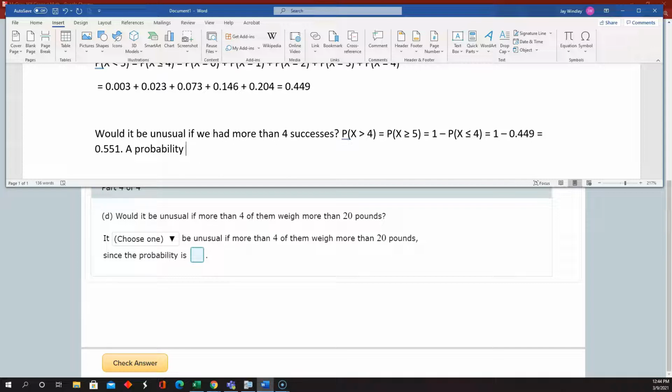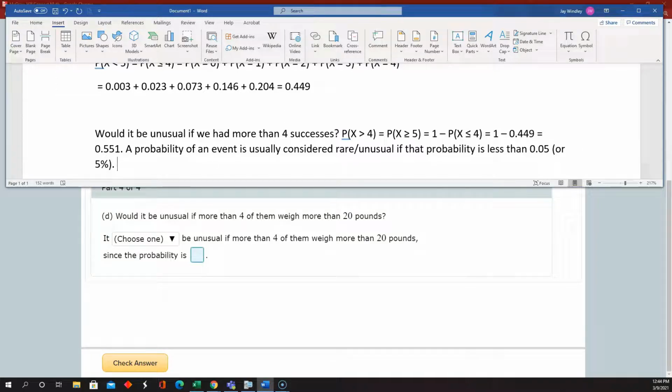The probability of an event is usually considered rare or unusual if that probability is less than 0.05 or 5%.